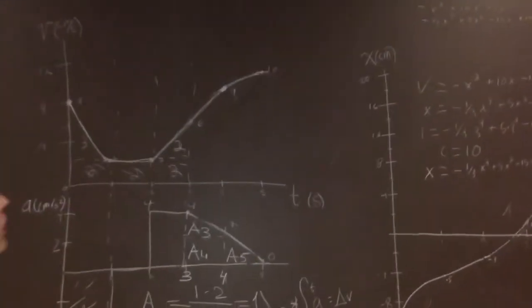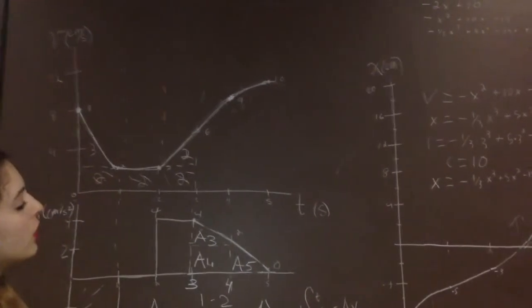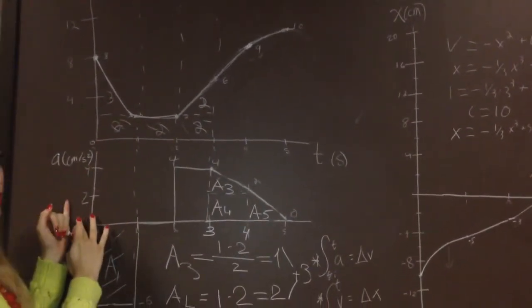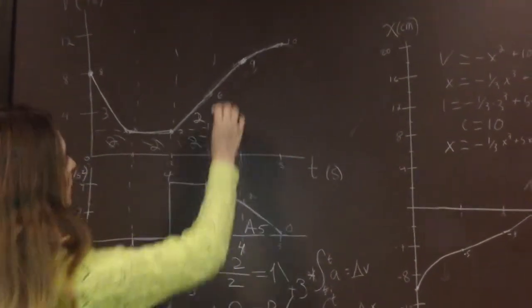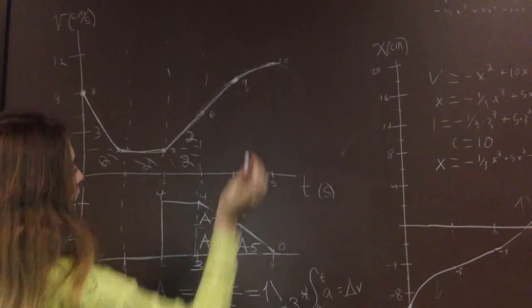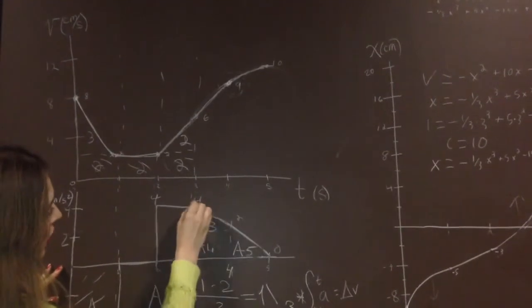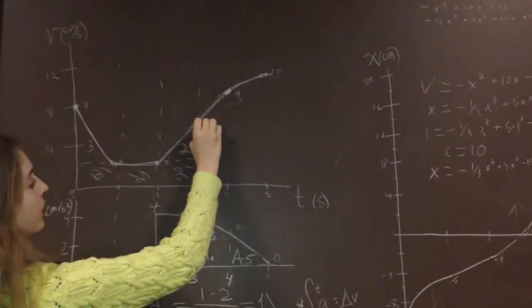We can't connect these points using diagonal lines anymore because our acceleration was not constant. So that means that our graph is going to be drawn smooth, and this graph represents the derivative of this graph, which means that as this graph is decreasing, this graph is going to be concave down.